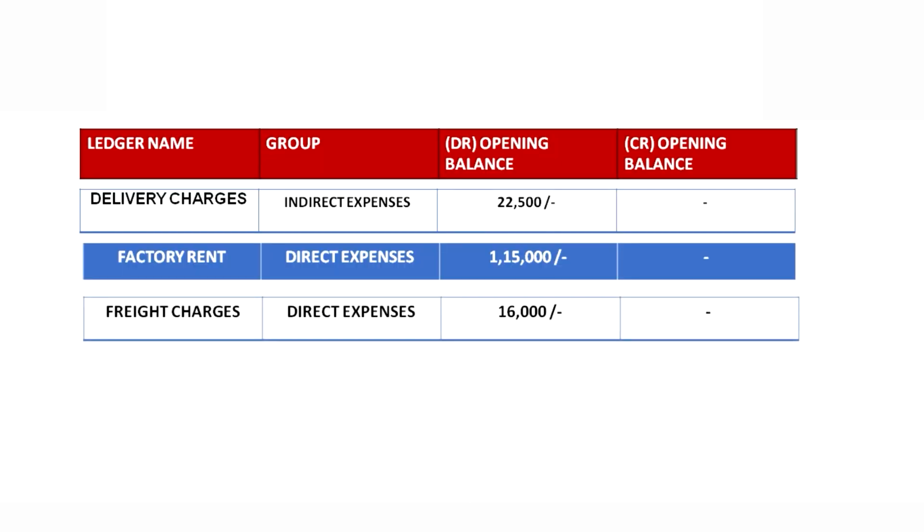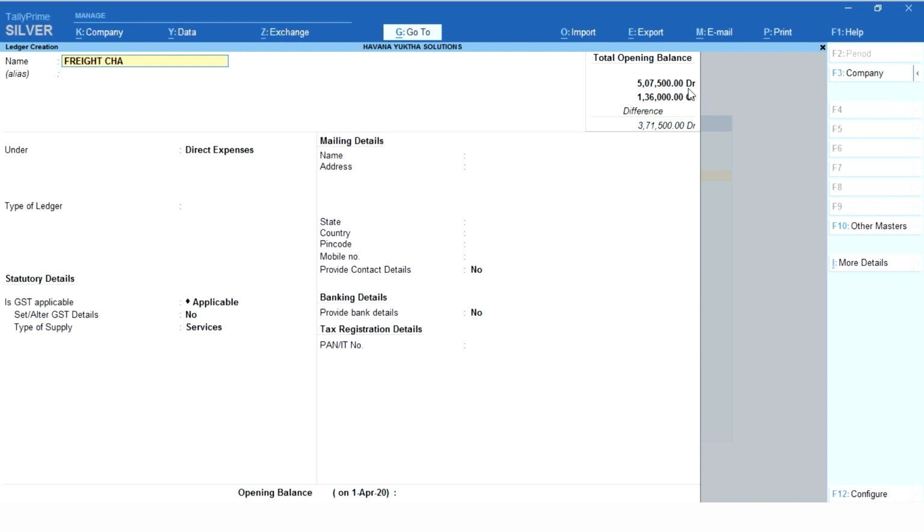So next will be freight charges, which is also a direct expense, and the opening balance is 16,000. So we give opening balance as 16,000 and we'll accept it.